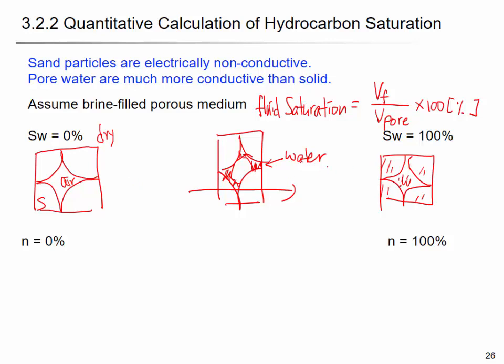Through the water, the charge can flow. And here, when you have the partially saturated case, between 0 to 100%, you have less path, but still you have more path than the dry case. So as you increase the water saturation, the electrical resistivity, R, decreases.